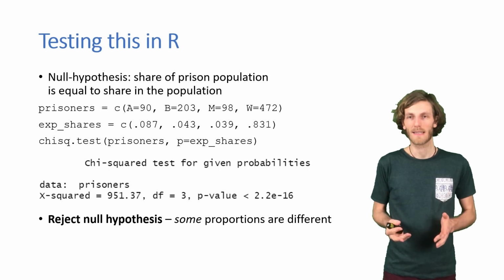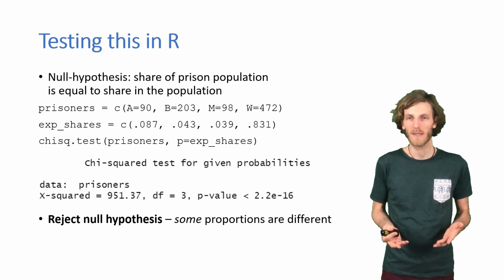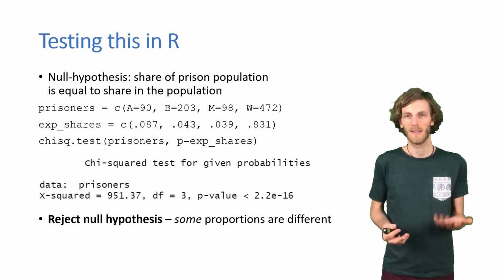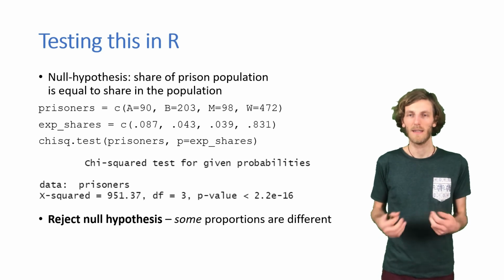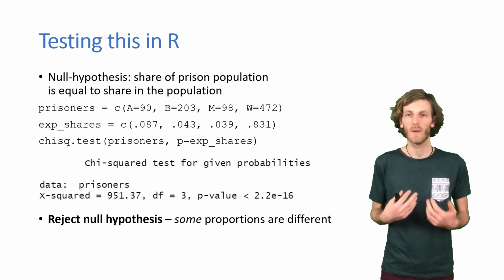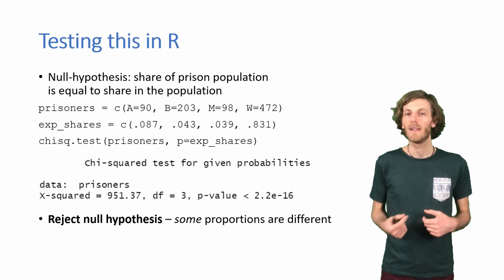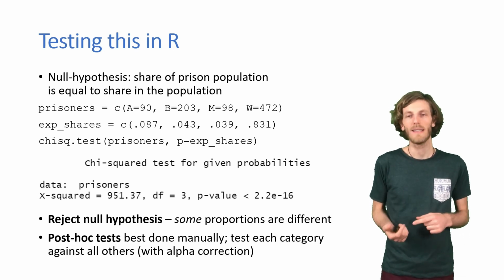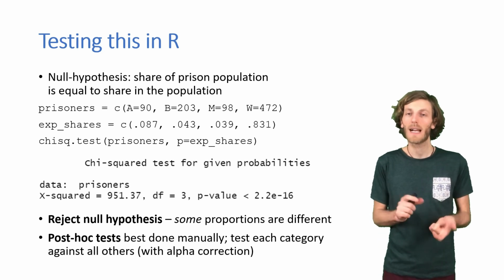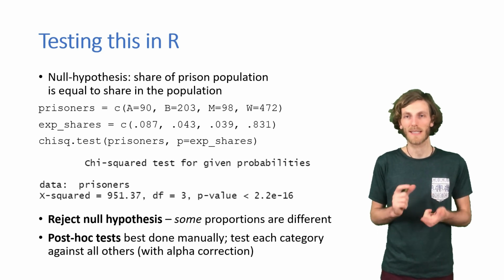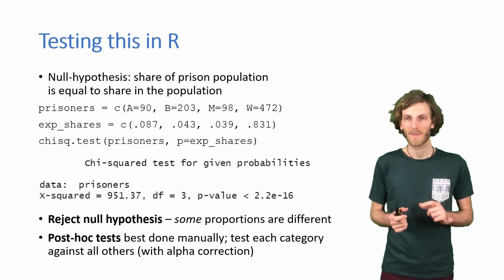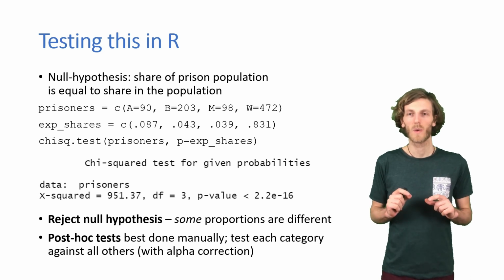Looking at the data, it's obvious what two of the proportions are: more black people than expected, fewer white people than expected. However, to actually do post hoc tests and figure out whether the other two categories are also significantly different, we would need to do some more tests.